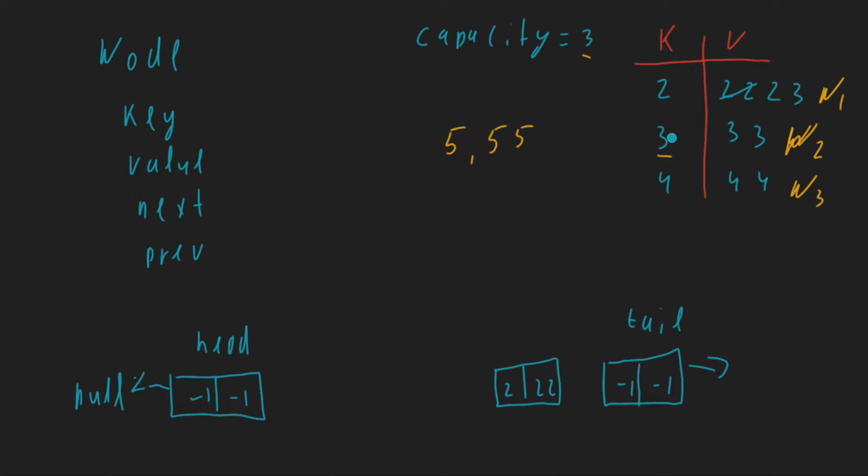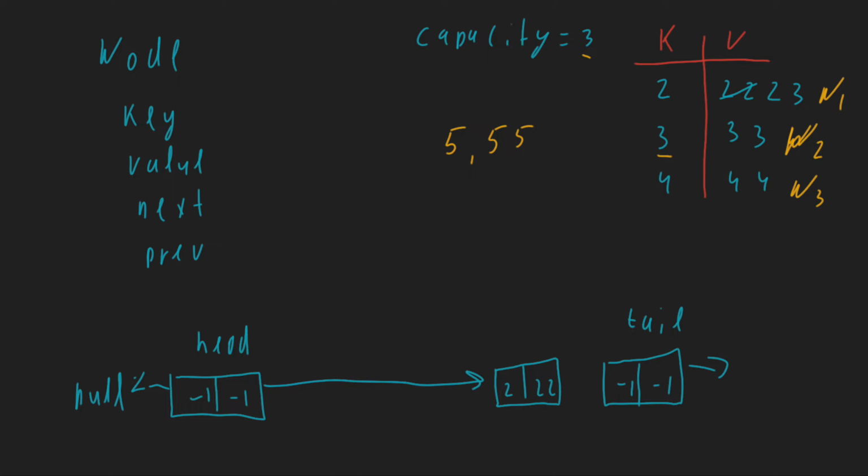Every time we are adding a new element, we are adding that element to the head of our linked list. So our head will point to the element that we are just adding, 22.